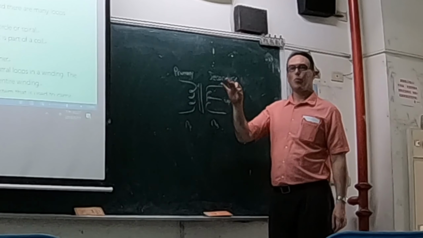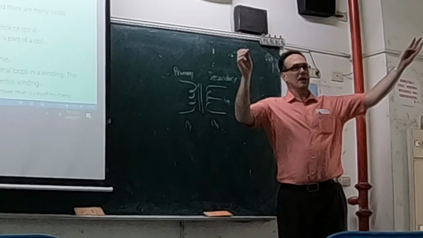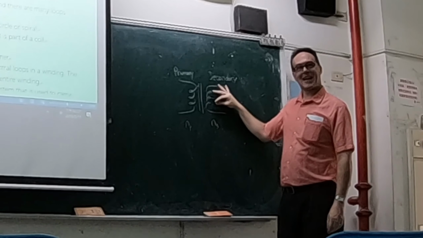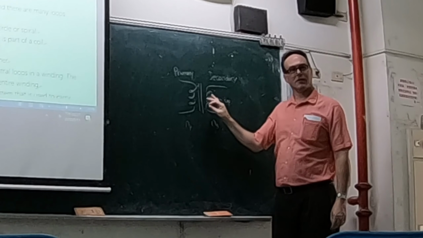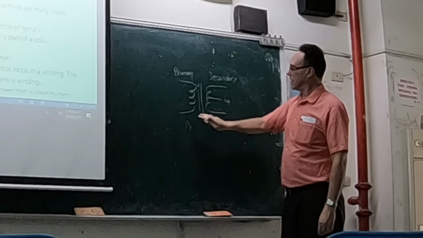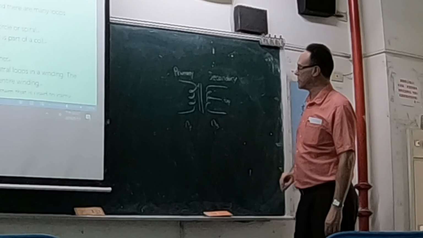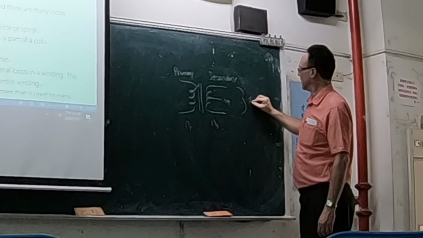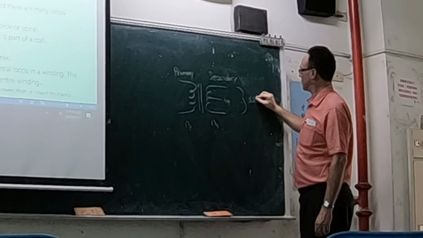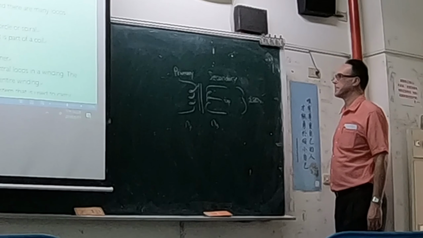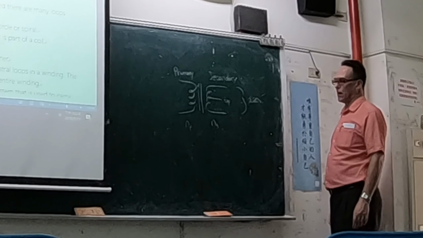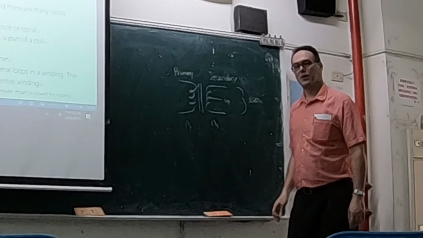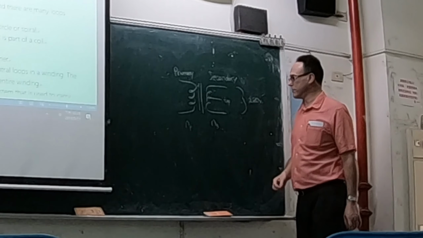Now for home wiring, like in the building and in your apartment or dormitory, they use this exact type of arrangement in the transformer. The input is some higher voltage. The output between here and here is about 220 volts. Now the voltage that we use to power in our building is 110, and that is a tap.